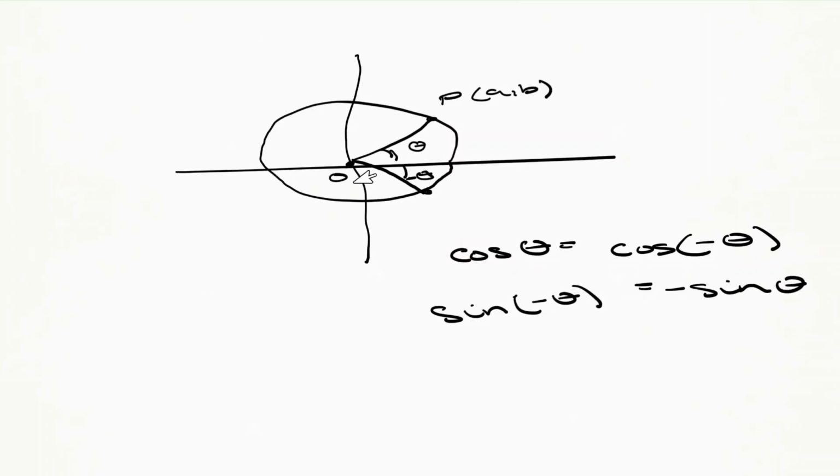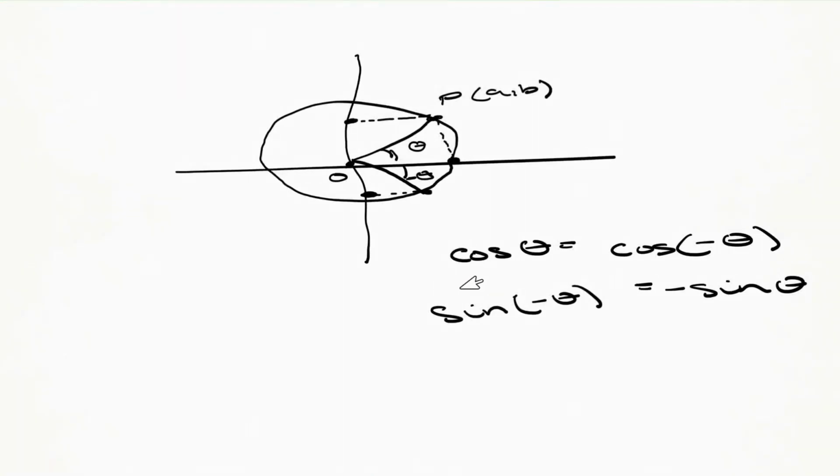Well, first of all, we can see that cosine of theta over here gives us the value of the x-coordinate over here. However, that x point is also the same for negative theta, so that's how that bit works. But if you take the sine of the angle at point P, which is the y-coordinate corresponding to here, for negative theta, that sine angle corresponds to here, so they are not the same.